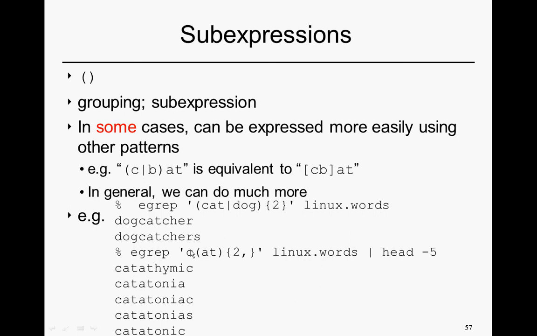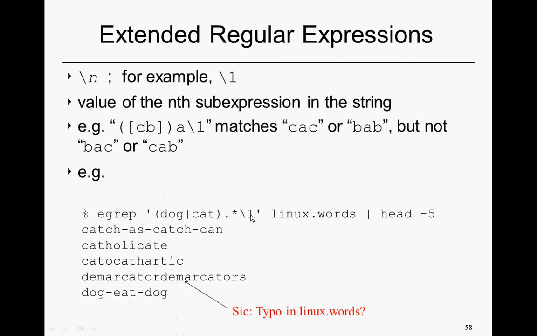But there's another effect associated with the grouping of these things using these parentheses. Namely, we remember what it was that was matched there. So remember, for example, what particular thing was matched in this fragment. The key thing is, having remembered it, we can refer to it later and match the exact same thing again.